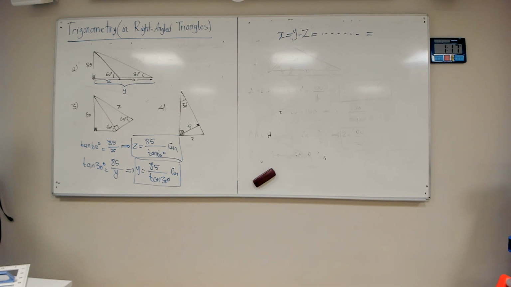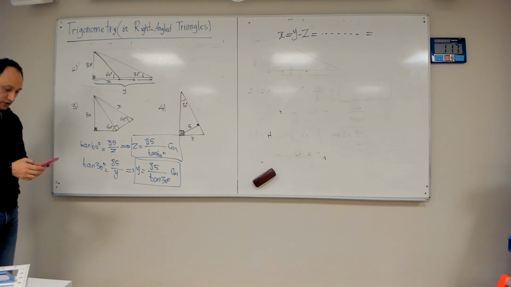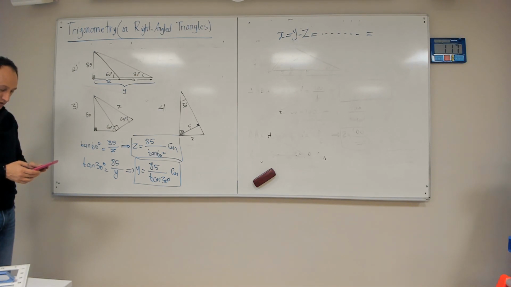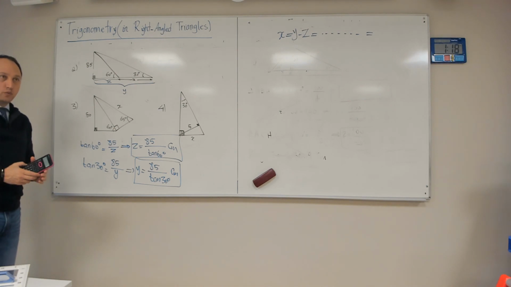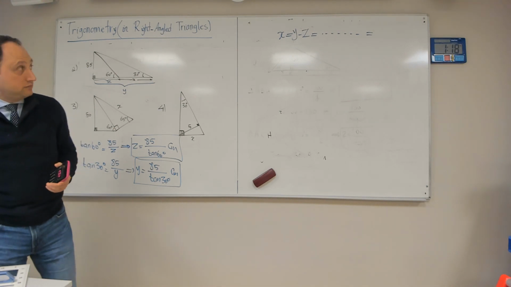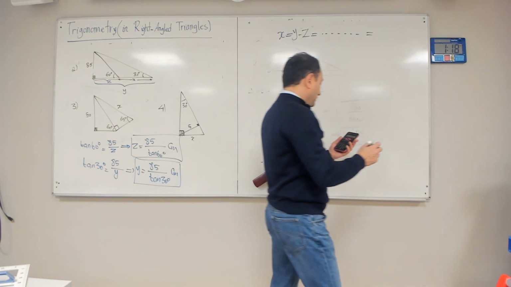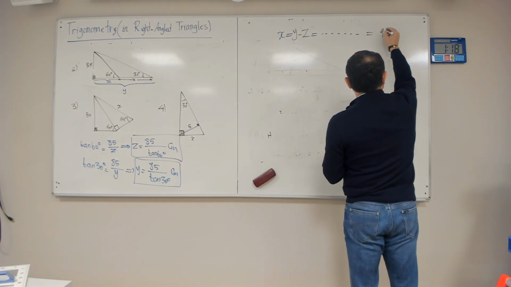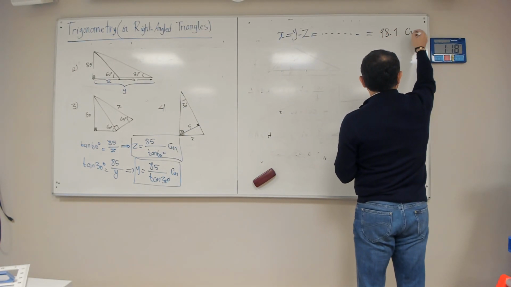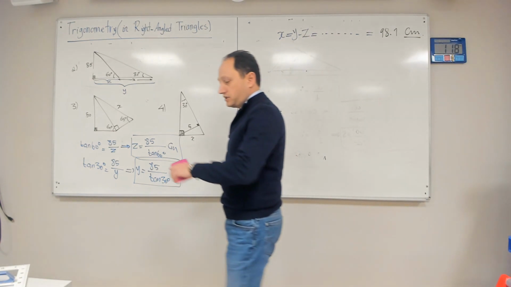And then minus 85 again, divided by tangent of, which one is that? 60. So it is 98.1. Good. So 98.1 centimeters. So make sure that you understand this problem.